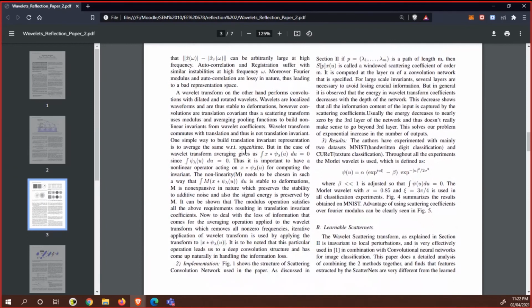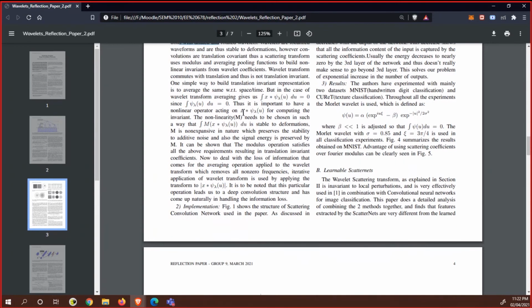But the important thing is that the wavelet transform itself is not translation invariant, and the convolution operation is also not translation invariant, it's translation covariant. So to make it a translation invariant operation, three things need to be done. First is to take the average.